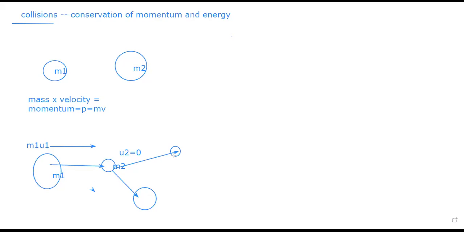So in this case, what happened here? This striker, which has an initial momentum m1, when it hits the coin, gives a part of the momentum to the coin. It shares a part of the momentum with the coin. Then both will move.